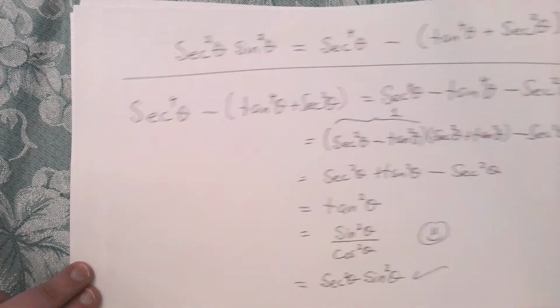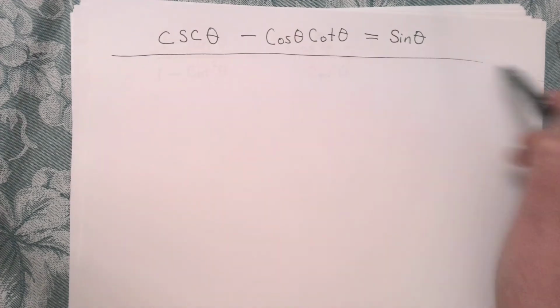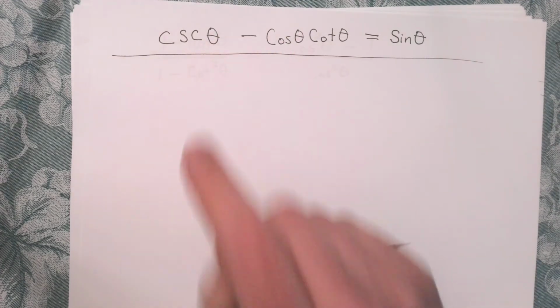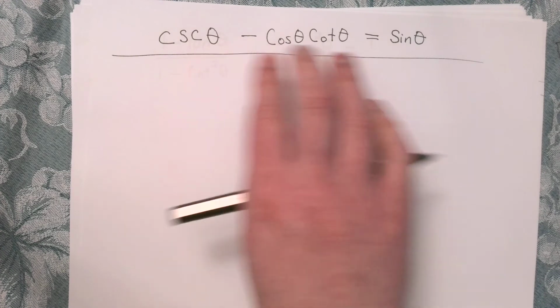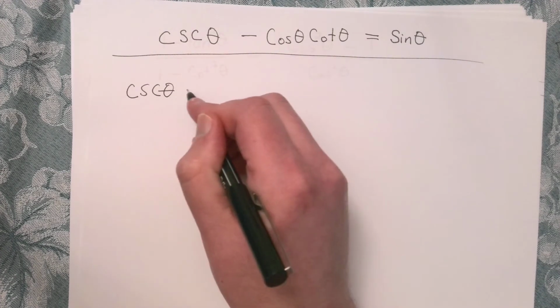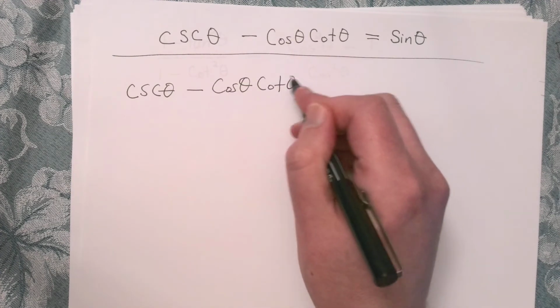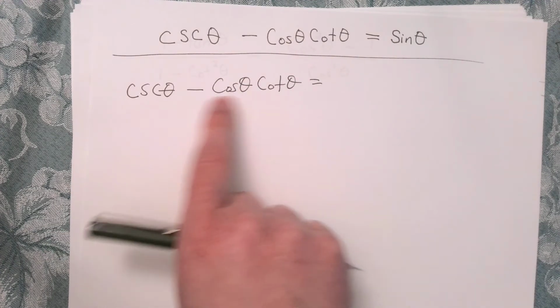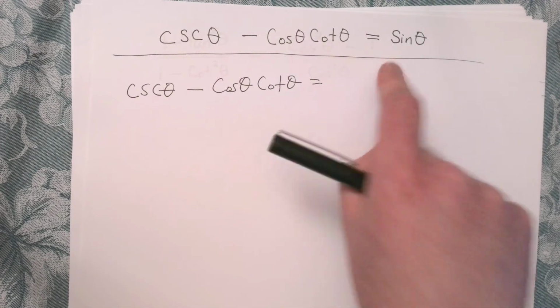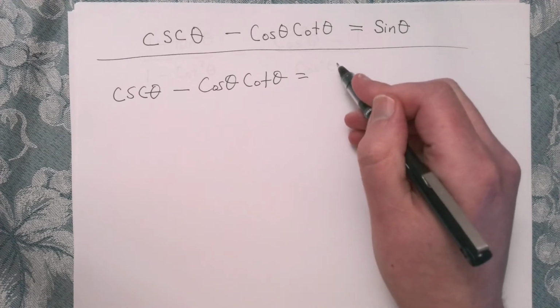Okay, what else do we have here? Okay, so for sure we should work with this side. We want to turn this into sine stuff. So cosecant of theta minus cosine of theta times cotangent of theta. Maybe we'll write that in terms of sines and cosines because we want to land at something involving sine. That might be helpful. Let's see what happens.